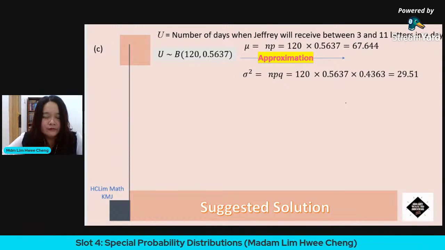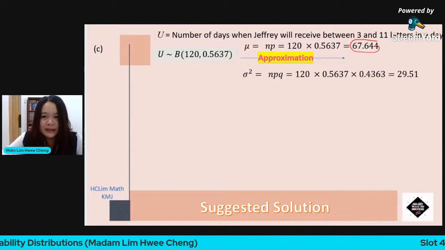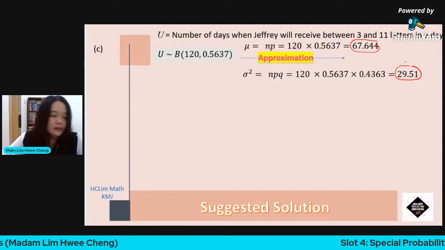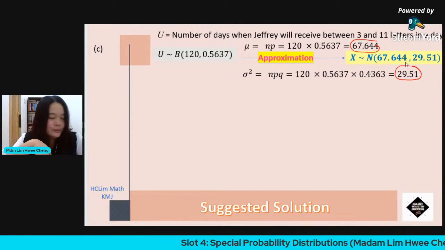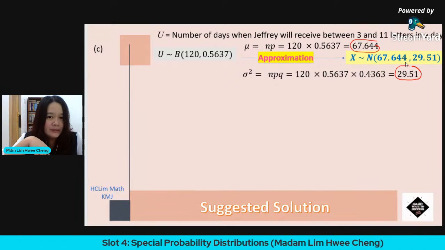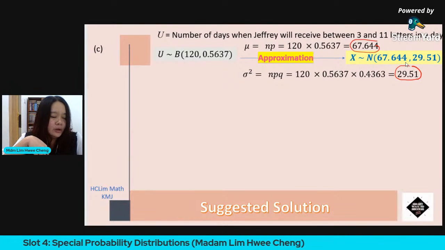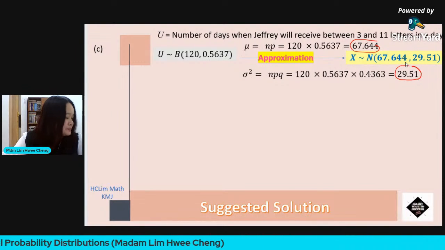The variance is 29.51 here. We take these as parameters for the normal, so we approximate to the normal. Once we approximate, remember to do the continuity correction step.